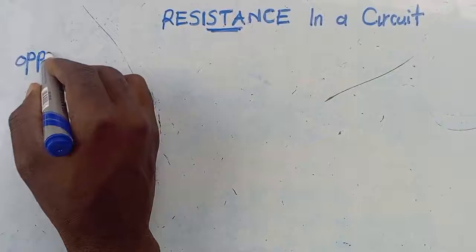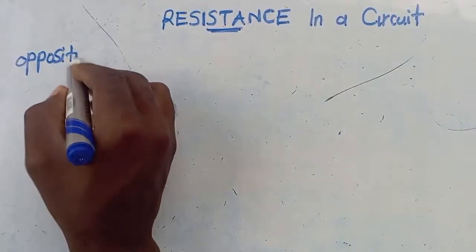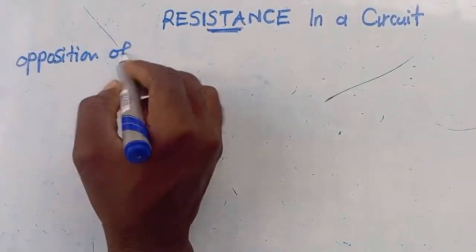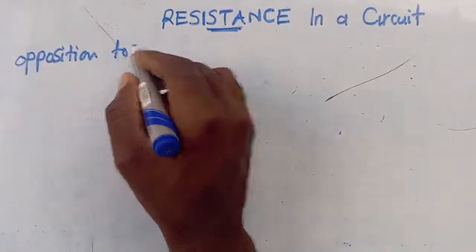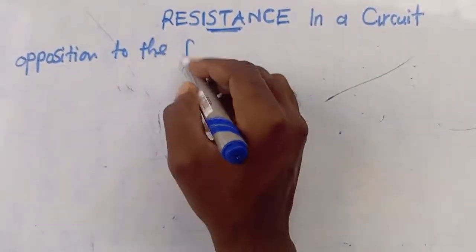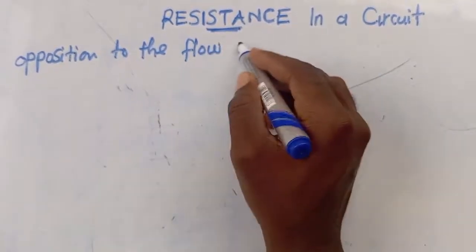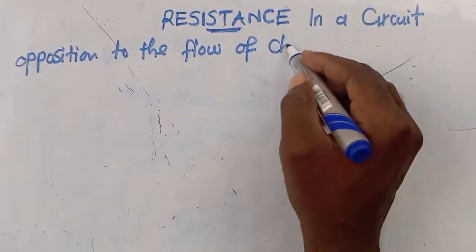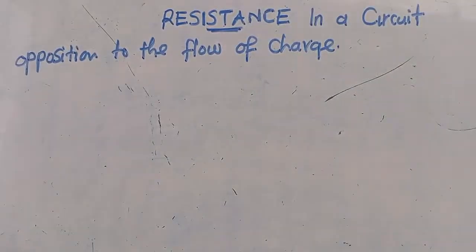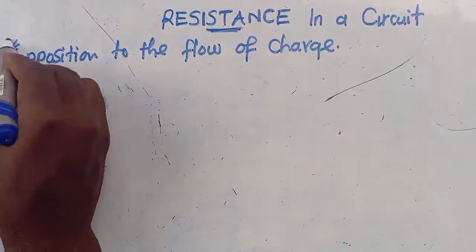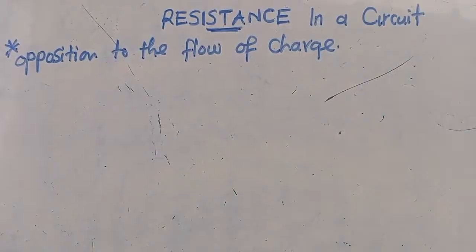So we are saying that it is the opposition to the flow of charge. This is what resistance is. If I tell you what is resistance, resistance is just defined as the opposition to the flow of charge.